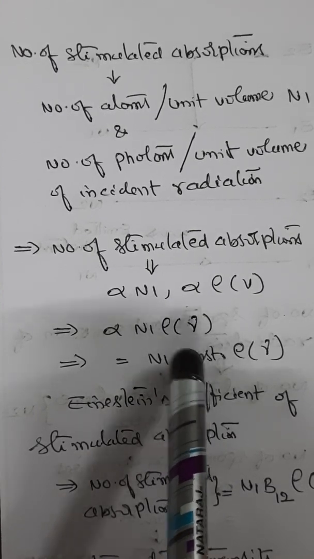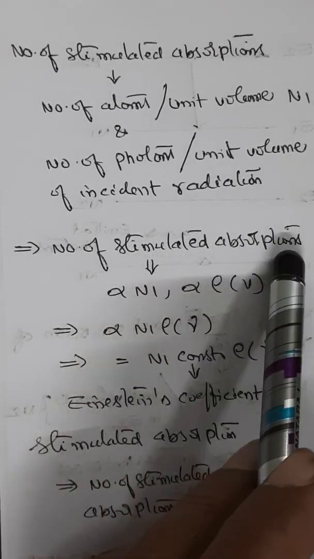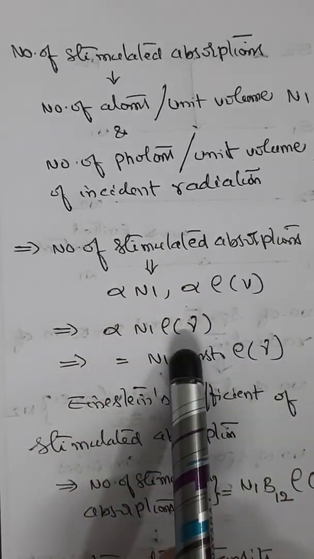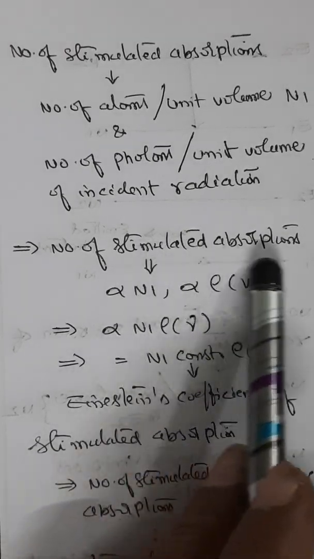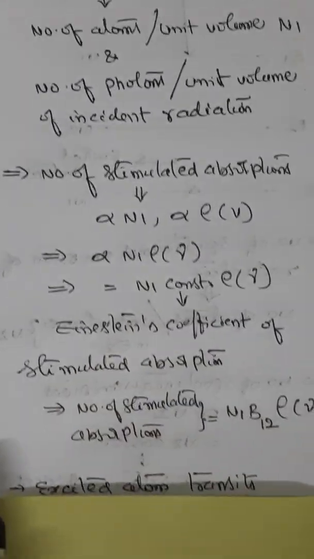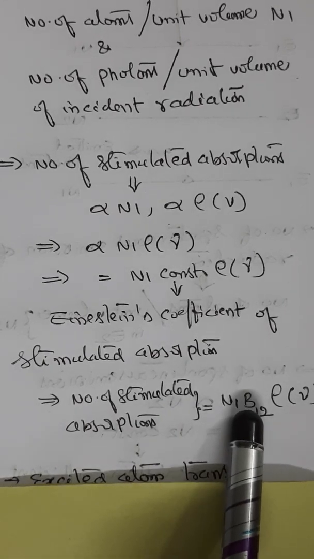This Einstein coefficient is related to what? Stimulated absorption. So this constant, known as the Einstein coefficient of stimulated absorption, is represented as B12, that is from 1 to 2.